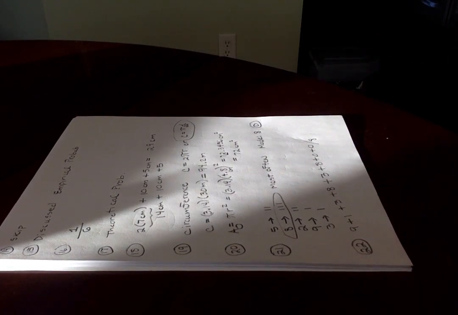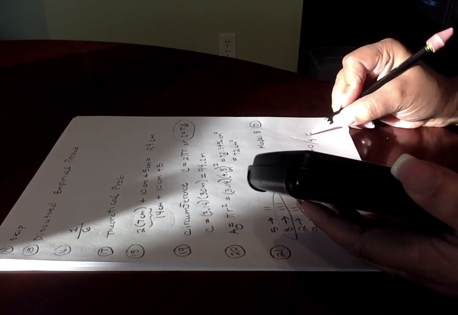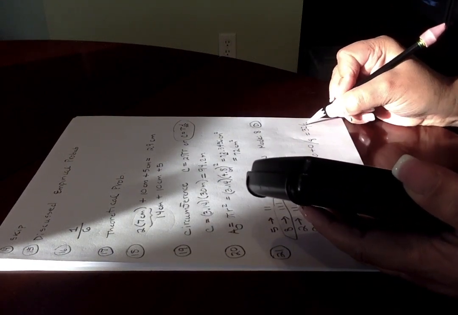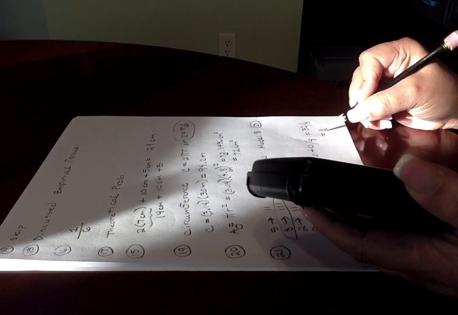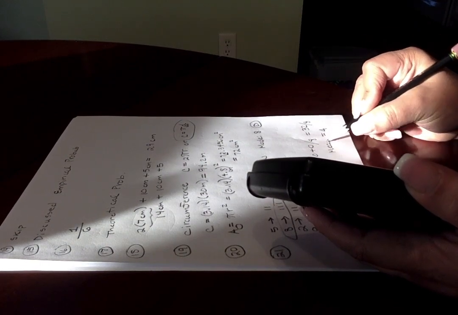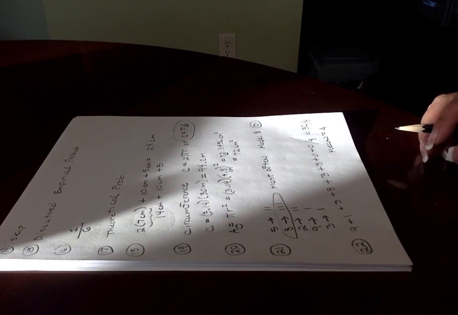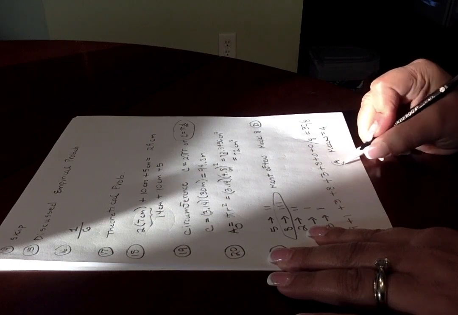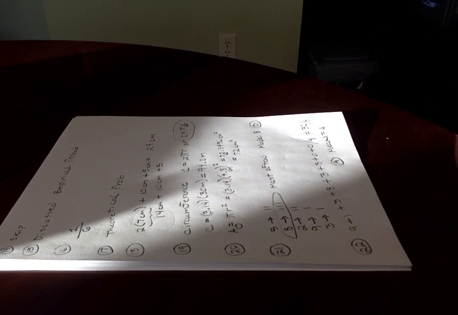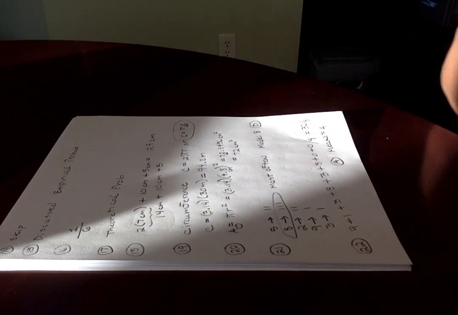And when you add them up, you get 32 on the top, divided by 8. So the answer is 4. That's called the mean. And this is a multiple choice question, which was A. Choice A was this answer. And that completes up through number 22.